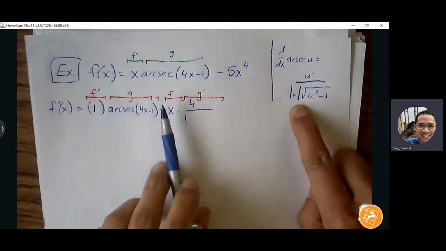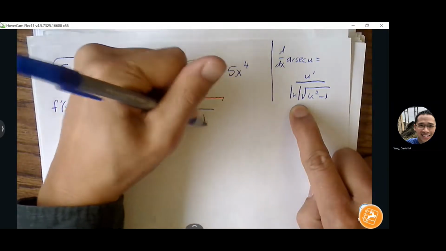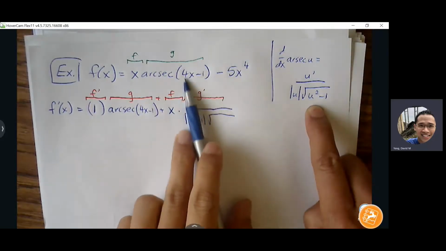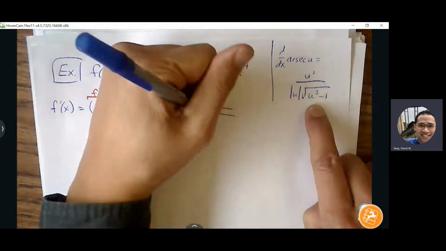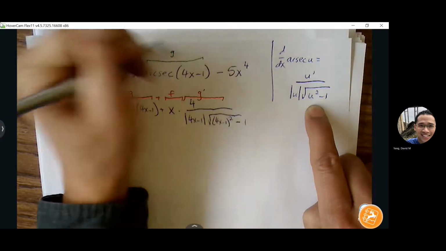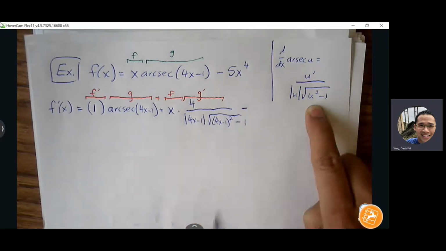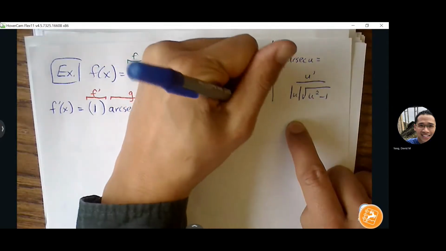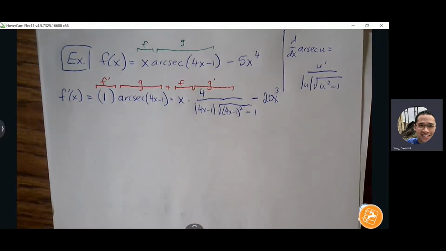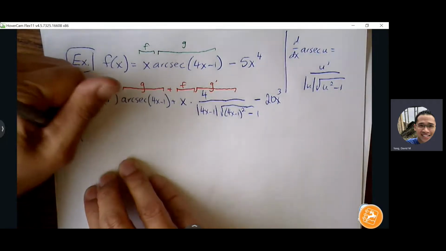Absolute value of u, square root of u squared minus 1. This whole expression gets squared. Okay, and don't forget the last term, minus 20x cubed. Okay, you'll need to find common denominators. We're just going to do a little bit of cleanup within each term.